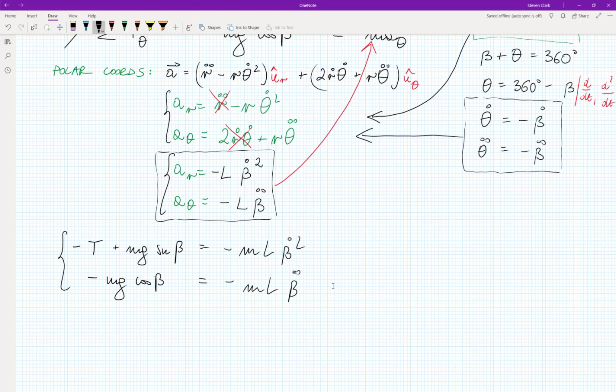Okay, guys, how does that look like from your perspective? We have FBD, we have EOMs, and we plug in these fancy expressions for accelerations. So far, so good?